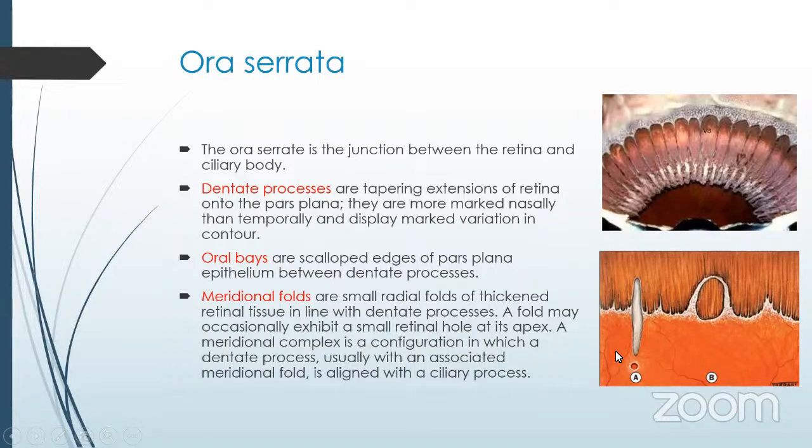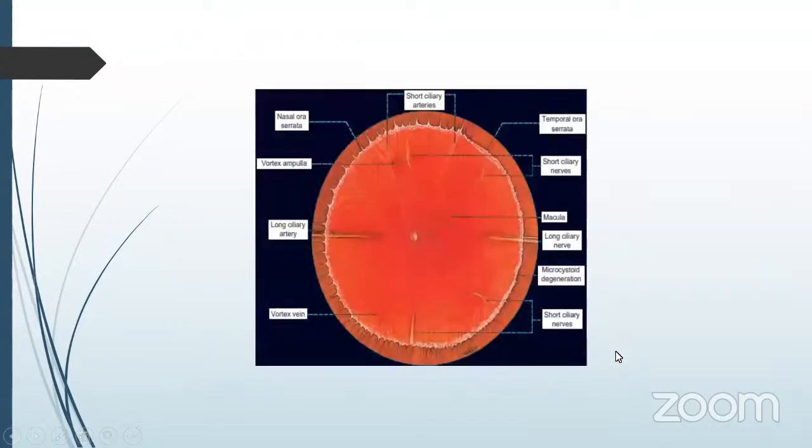Then the next entity is the meridional complex. It is formed by a dentate process and a meridional fold aligned with the ciliary processes. This image summarizes all of the structures of the retina. Here is the posterior pole of the retina, and this is the macular area of 5.5 mm.